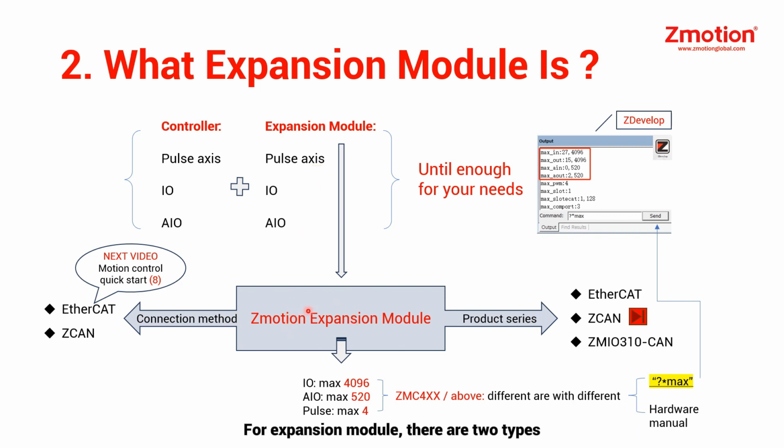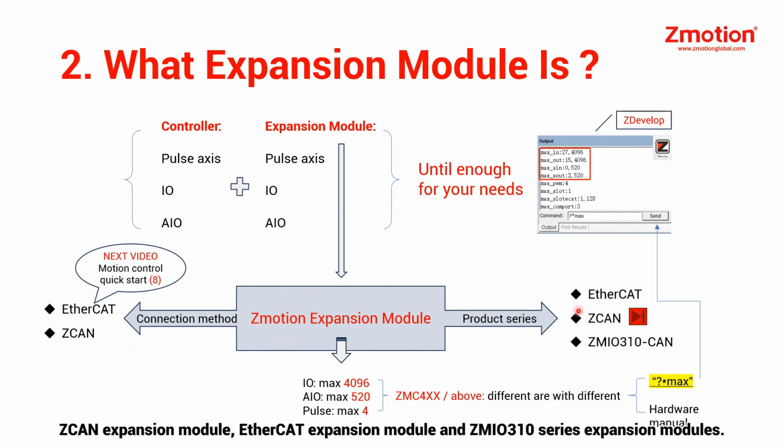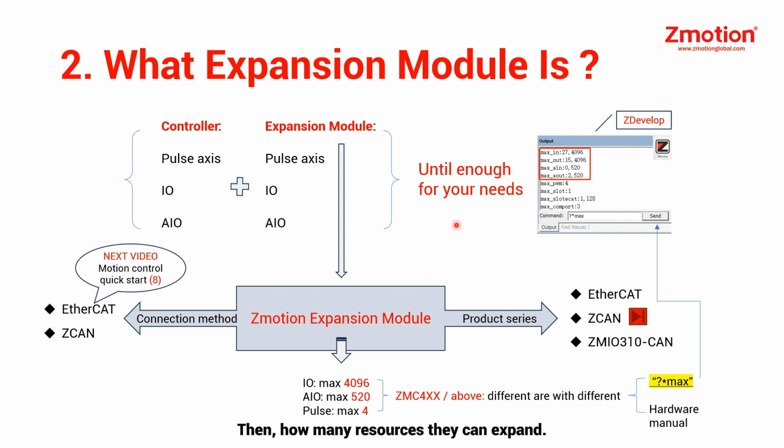For expansion modules, there are 2 types: EtherCAT expansion module and CAN expansion module. And according to this, ZMotion provides 3 kinds of expansion modules: Z CAN expansion module, EtherCAT expansion module, and ZMIO310 series expansion modules.